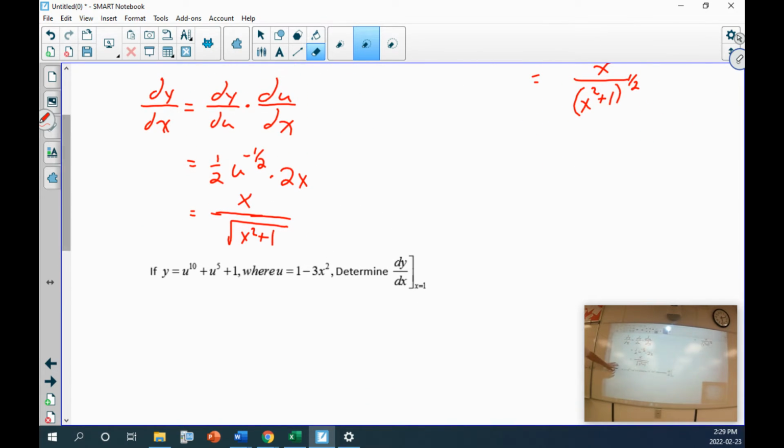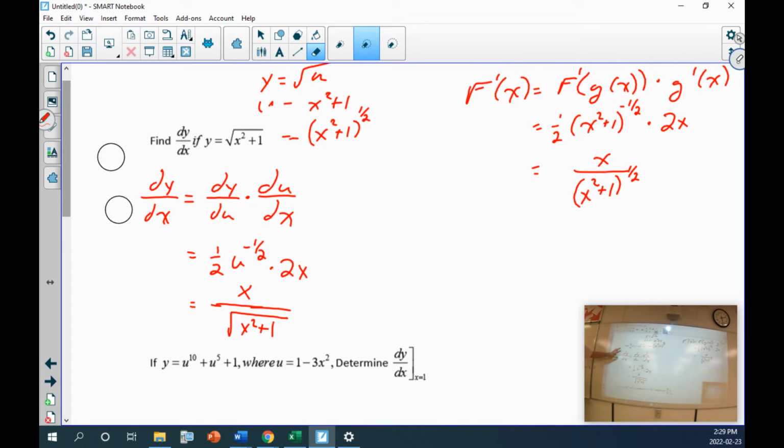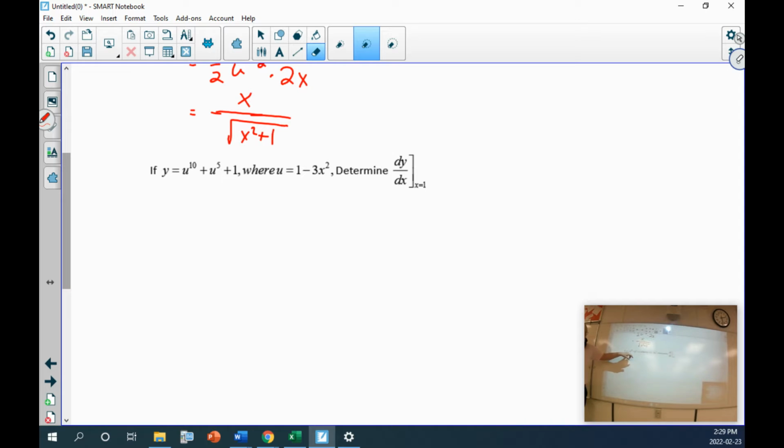Now, this one here is forcing us to do it with this notation because it gives us y as a function of u, and u is a function of x. And we want dy/dx. So dy/dx is equal to dy/du times du/dx.